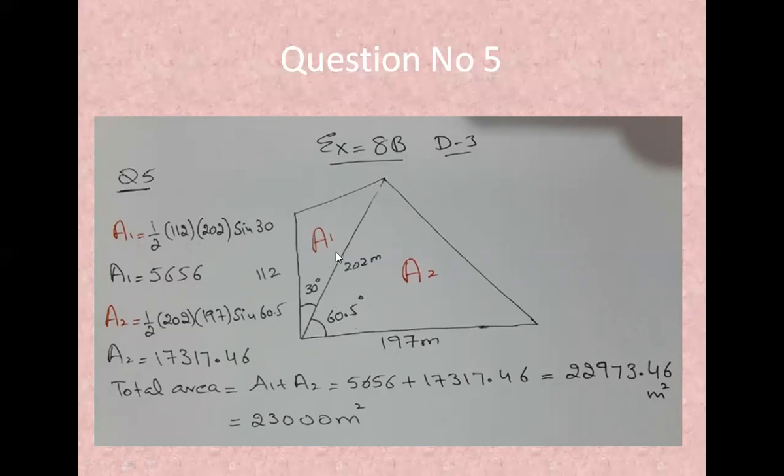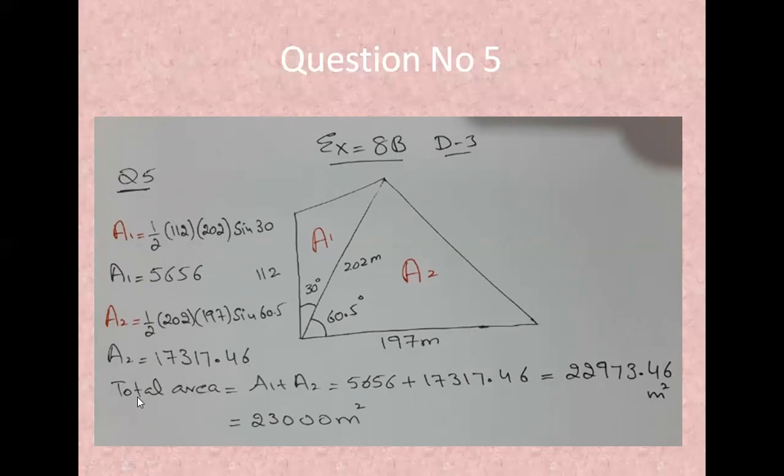So the area of this, let me call it A1, and the area of this will be A2. I can find A1, that will be 1 by 2 into 112 into 202 into sine 30 equals, and that will be 5656 meters square. Then I can find the area of this triangle, that will be 1 divided by 2 into 202 into 197 into sine 60.5 equals, and that will be 17317.46.